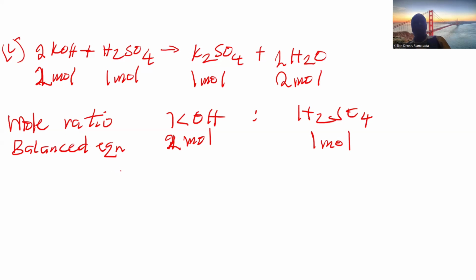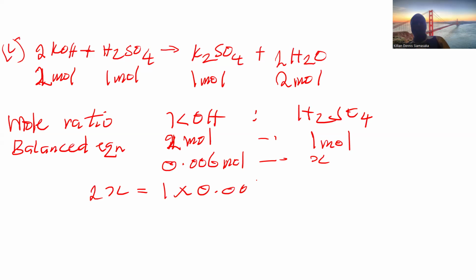We calculated the moles of potassium hydroxide to be 0.006 moles, and the moles of sulfuric acid will give us X. Therefore, you multiply 2X, which gives you 1 multiplied by 0.006 moles.